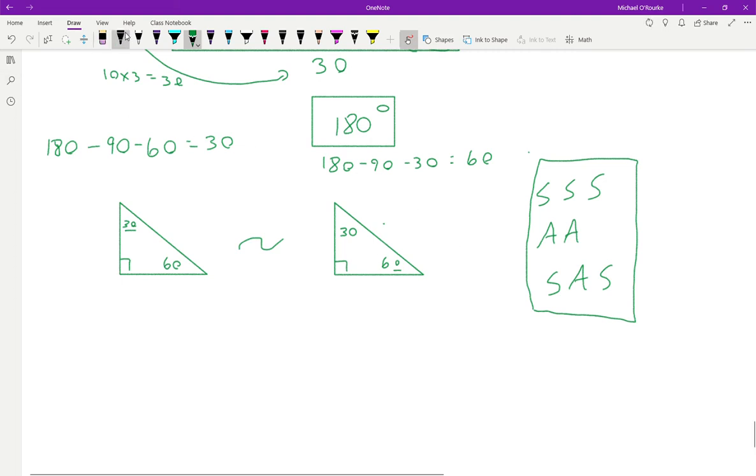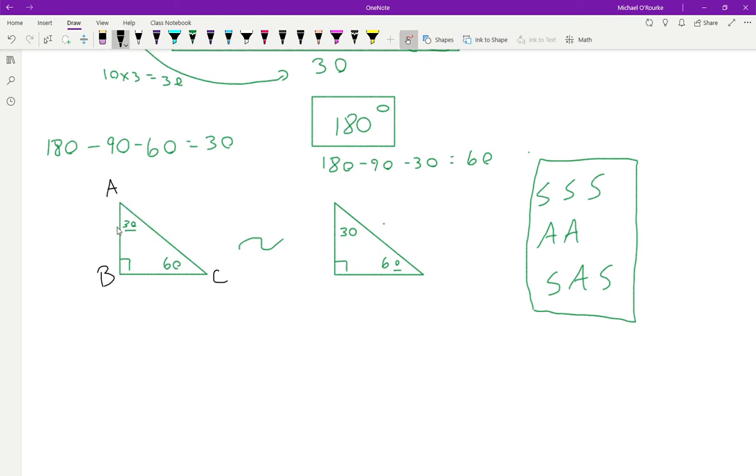Okay? So now we have to label these triangles. Let's label this one A, B, and C. And the key thing when you label the triangles is they go in the same order.